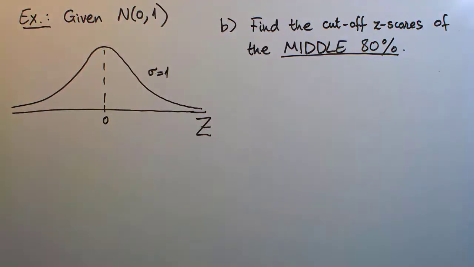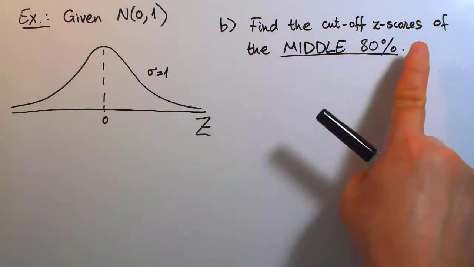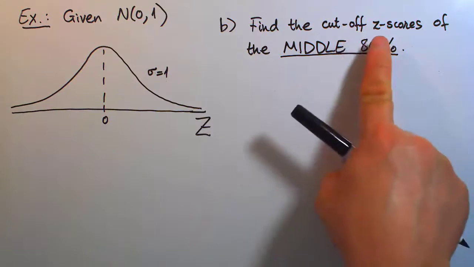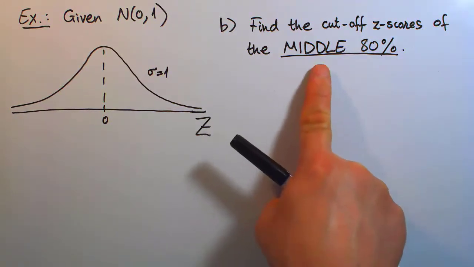All right. We're still looking for cutoff z-scores, but notice this time I'm using the plural for z-scores. It's cutoff z-scores, and my description of the area here is a middle 80%.